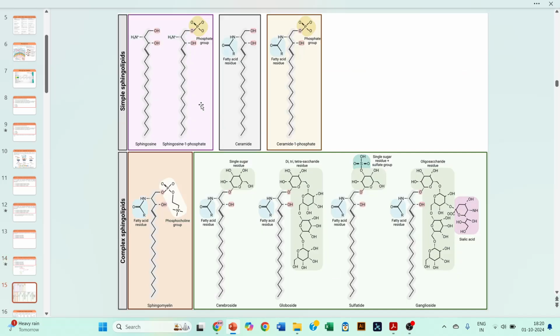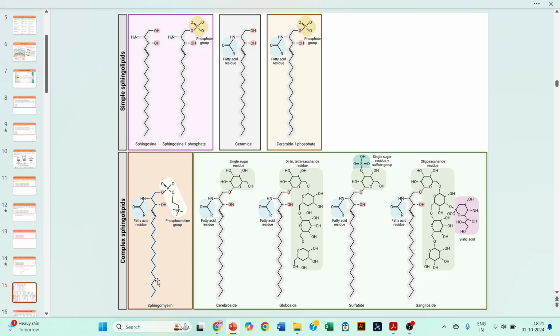Okay, so these are different examples of sphingolipids. So see, these are phosphosphingolipids, and here you see that this phosphate group is here, and this is the long fatty acid tail, right? This is the fatty acid, and here is the tail again. These are the different examples. Now these are complex sphingolipids.